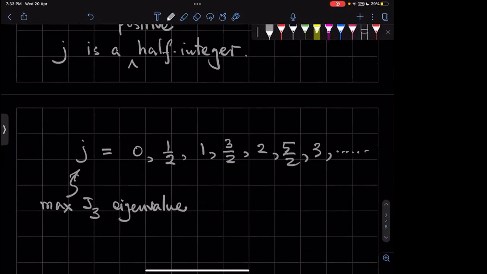Okay, any questions? Sir, I had a question from the previous part. So what does this J squared eigenvalue not changing have to do with the irreducibility? It has to do with the consequence of Schur's lemma. Oh, okay. The lambda, you mean the lambda eigenvalue, right?